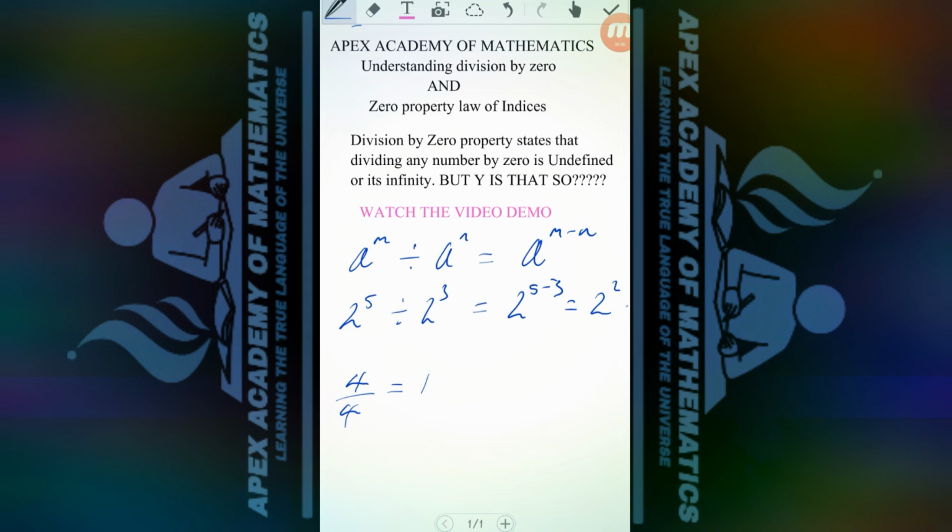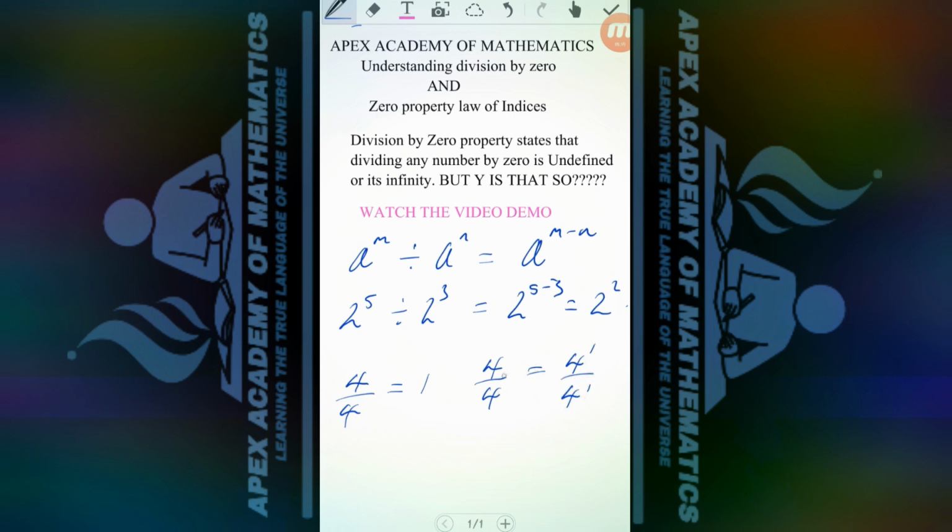Alright, and there's a very basic understanding of why 4 divided by 4 is 1, because given a quantity without a visible exponent, the exponent that is understood is 1. So what I'm trying to say is 4 over 4 can be written as 4 to the 1 divided by 4 to the 1.